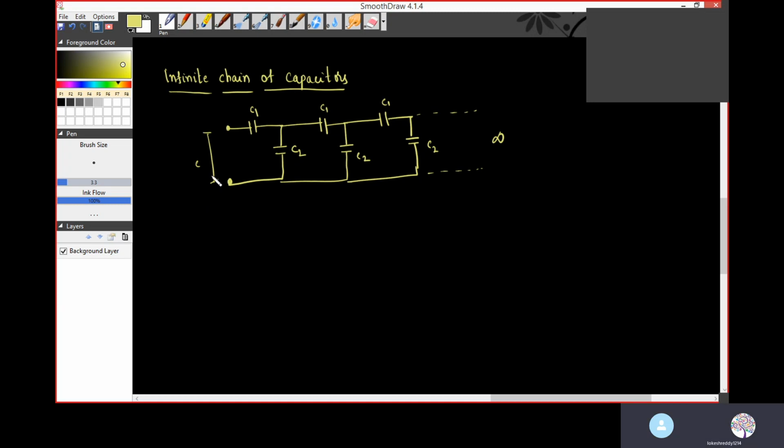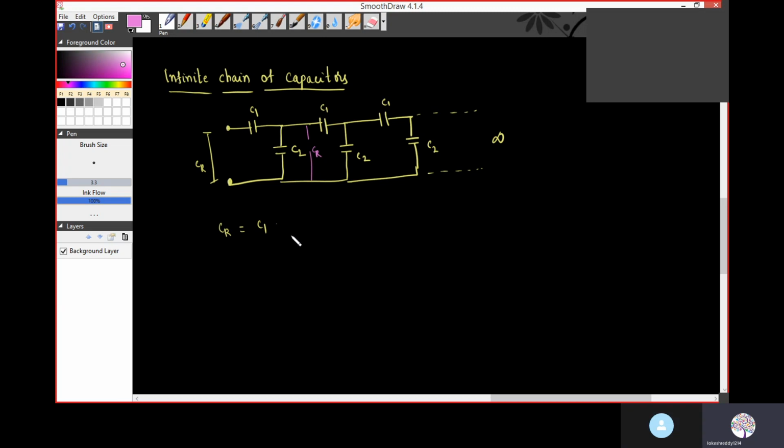Let us take that as CR. This effective is equal to C1, and this one ladder, one part, if you just add to infinity, its value is not going to change. So I will consider this infinite chain also as CR.